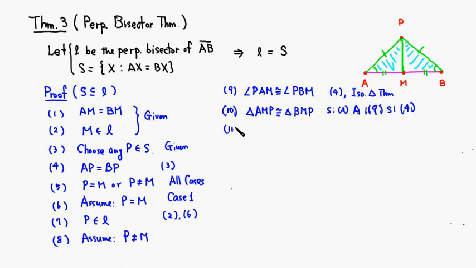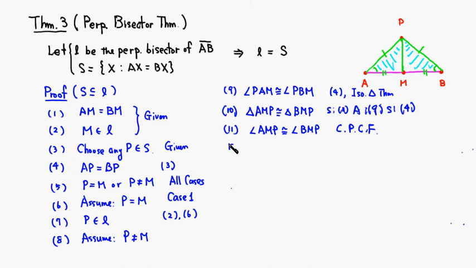11. We know that angle AMP is congruent to angle BMP, which is corresponding parts of congruent figures.